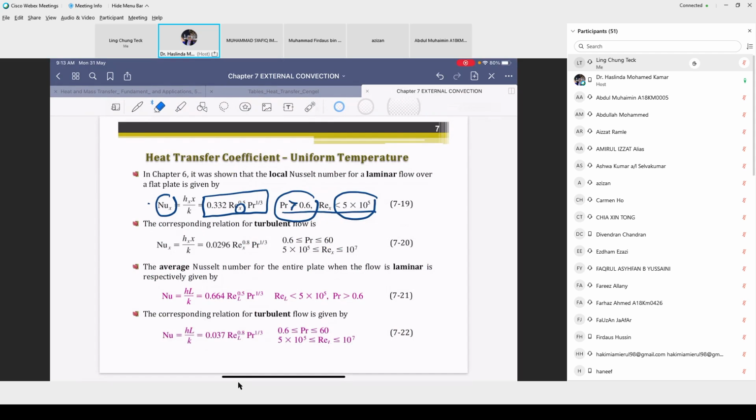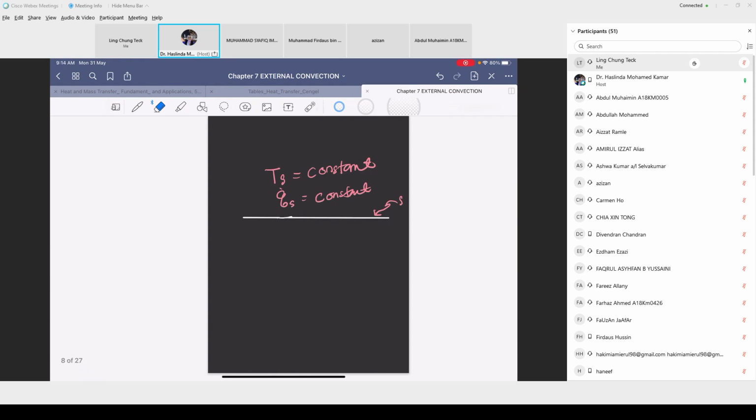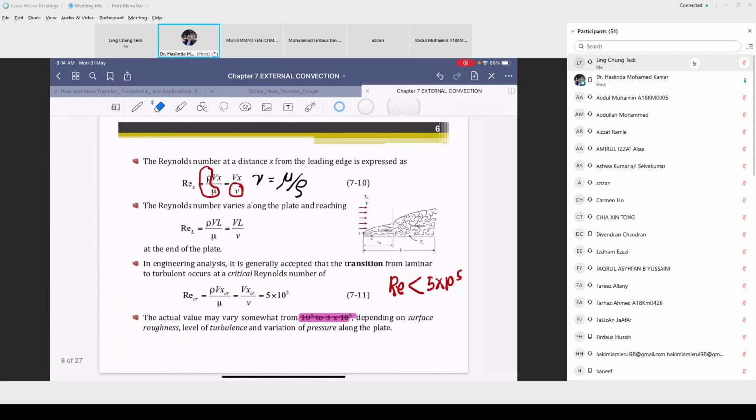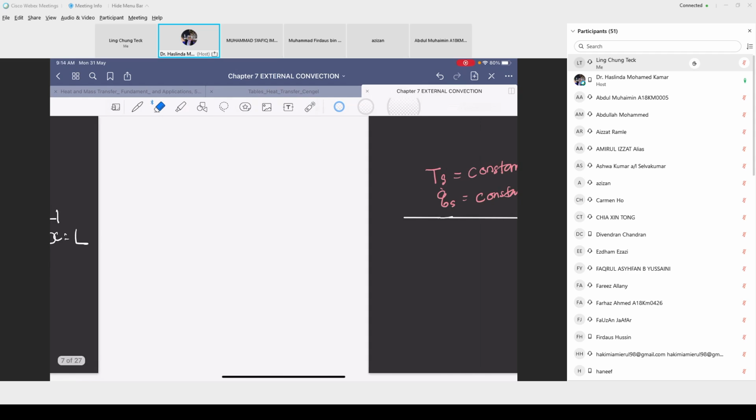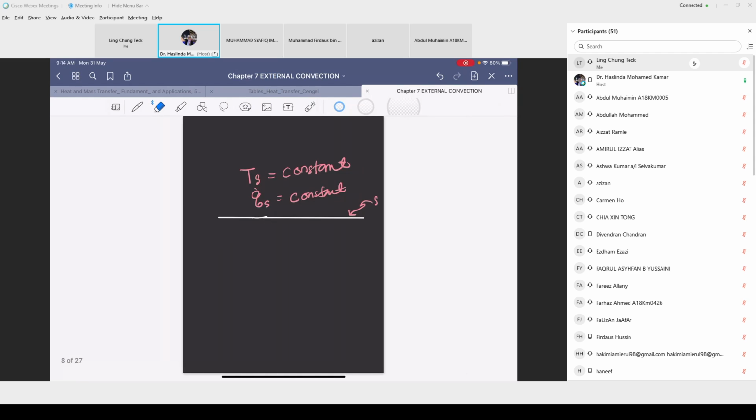I hope all of you understand that we must determine the Reynolds number first, and then identify whether it is turbulent or laminar. But before that, we must also identify whether our condition is constant surface temperature or constant heat flux.